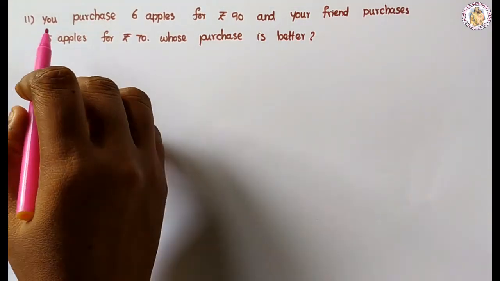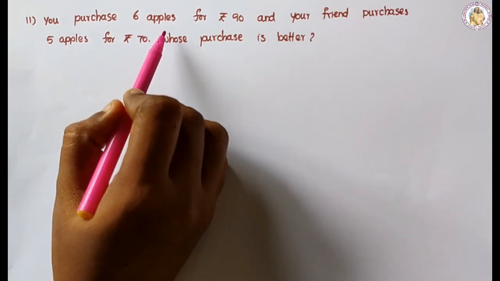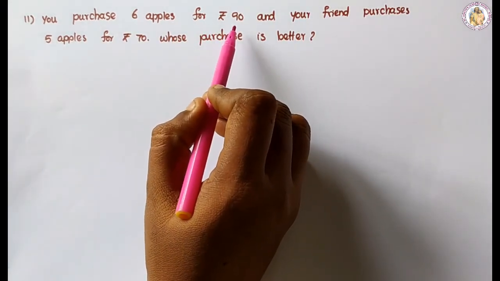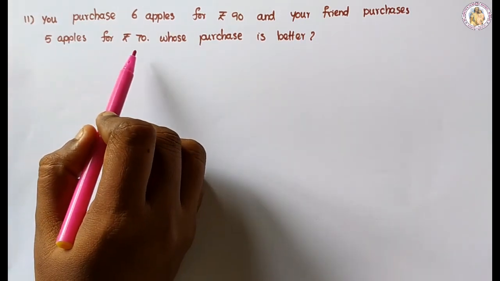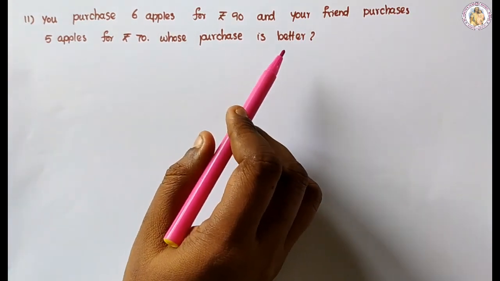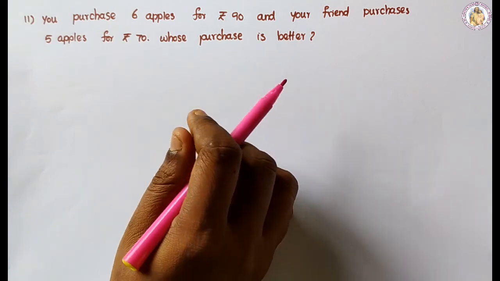11th question. You purchase 6 apples for rupees 90 and your friend purchases 5 apples for 70 rupees. Whose purchase is better? Listen here.